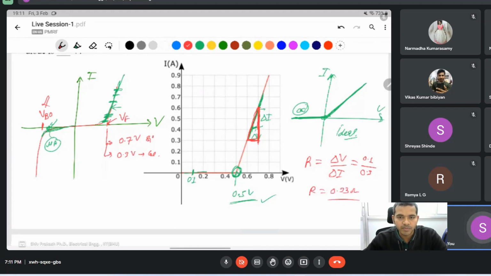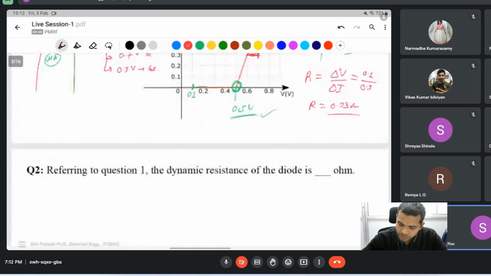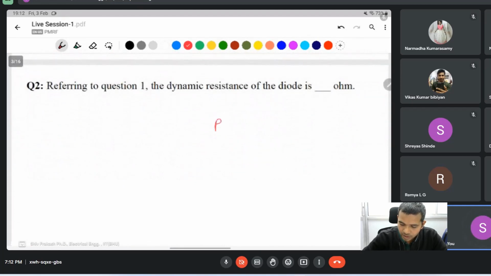That is the dynamic resistance of the diode for this characteristic. R is 0.33 ohm.